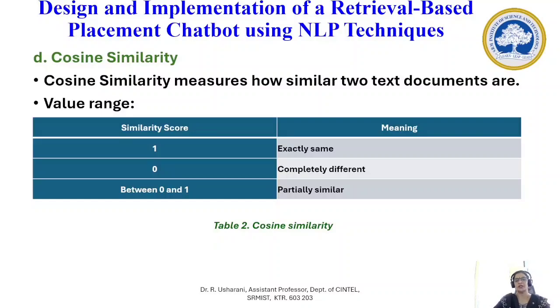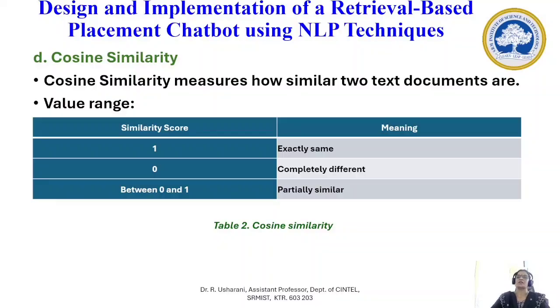Next, the cosine similarity. It measures how similar two text documents are. The computer cannot understand text directly, therefore we convert text into vectors. The cosine similarity measures the angle between two vectors and determines how similar they are.